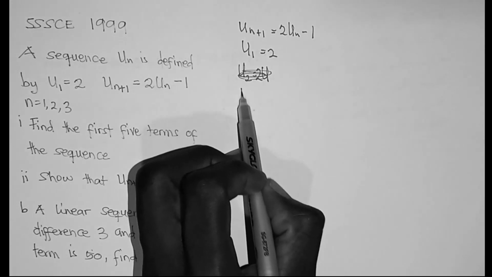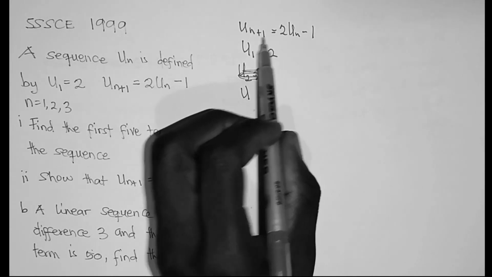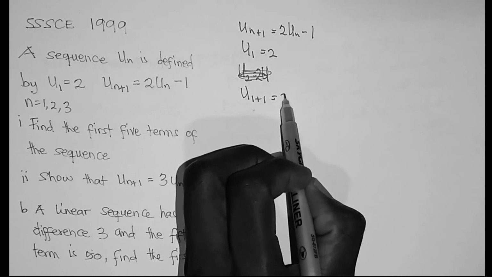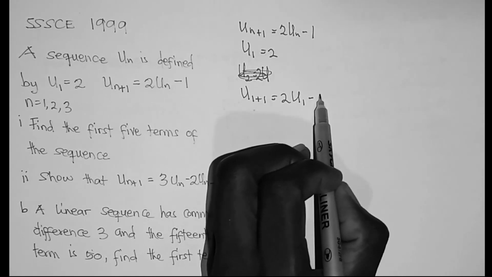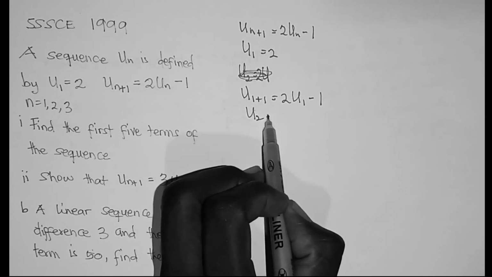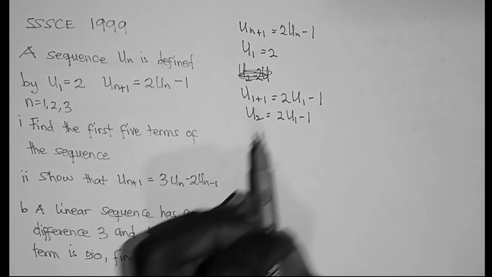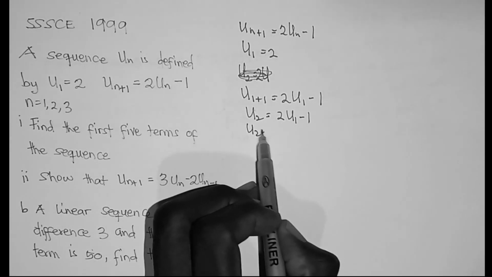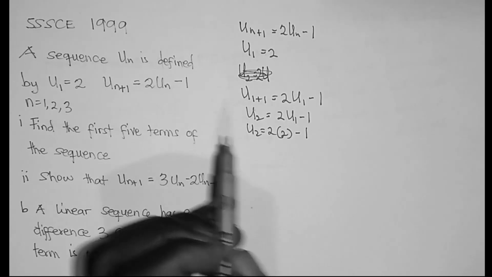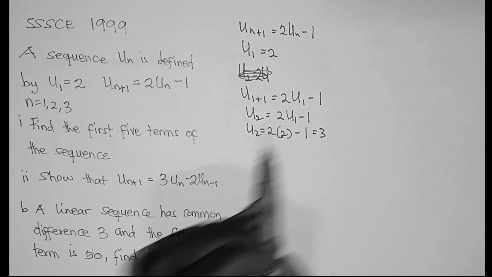So we see that when we replace n with 1, it becomes u1 plus 1 equals 2u1 minus 1. So that u2 is equal to 2u1 minus 1. And therefore u2 is equal to 2 times u1, which is 2, minus 1. And 2 times 2 is 4. 4 minus 1 is equal to 3.